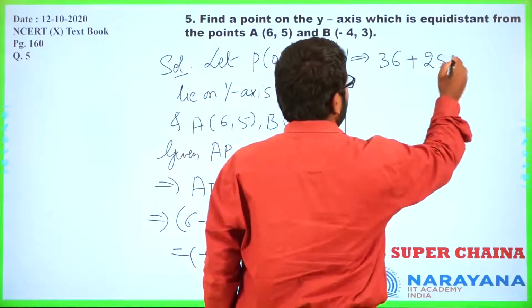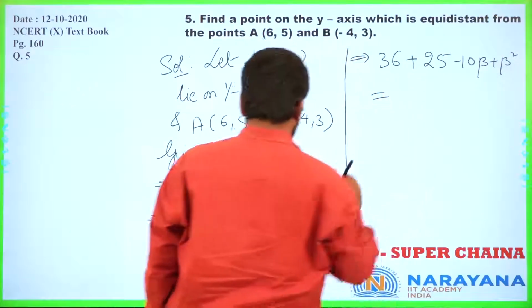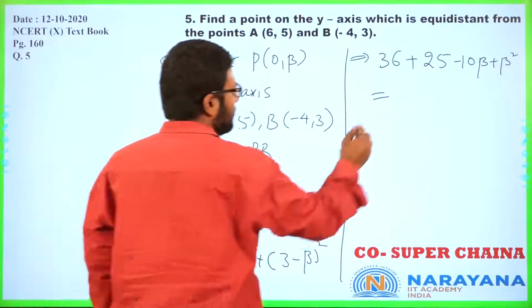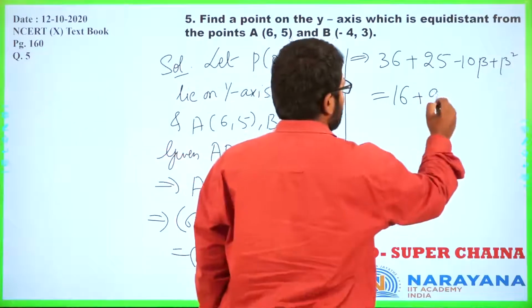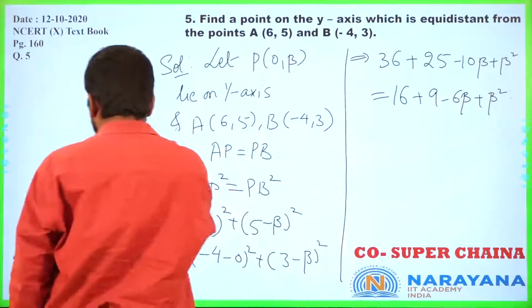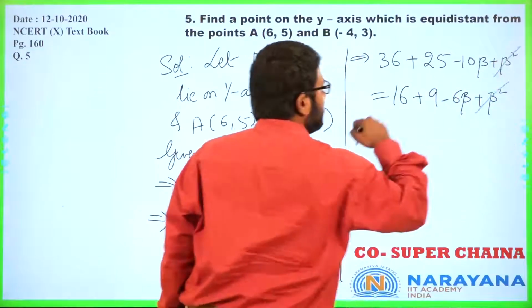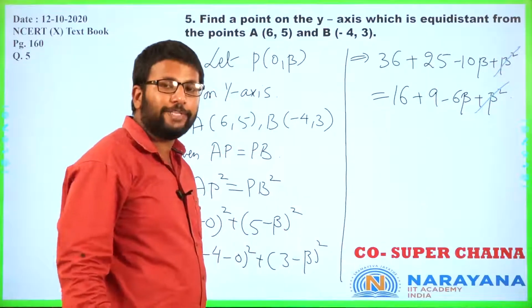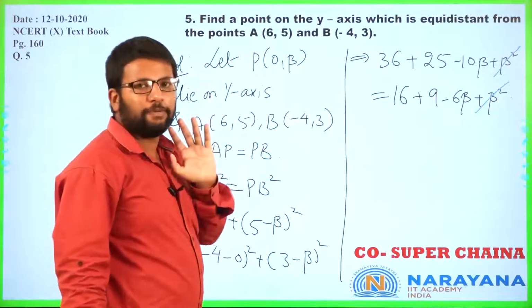So plus 25 minus 10 beta plus beta square equal to, how much would this be? 16 plus, this is 9 minus 6 beta plus beta square. Once again realize that beta is going to get cancelled, beta square is going to get cancelled, which means 2 points are not possible, 1 point only will be possible.